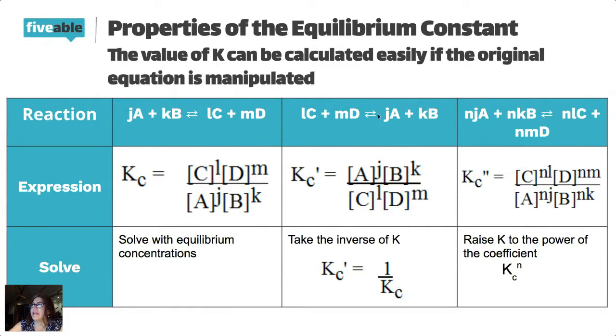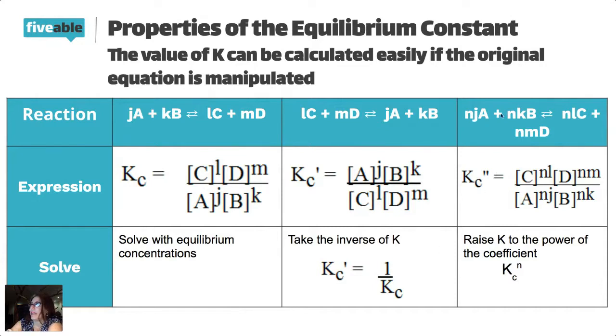But if we have the reciprocal, now, as you notice, these are the products, and now we have them as reactants. So if they ask you to calculate K for the reverse reaction, we just do the inverse of K, because the manipulation is shifting the numerator to the denominator.